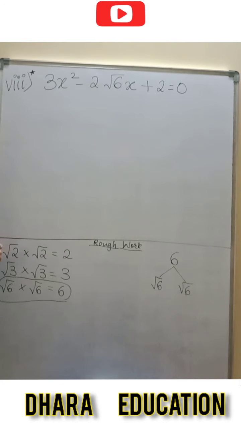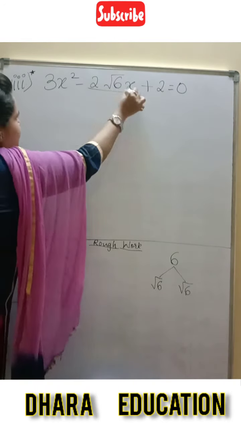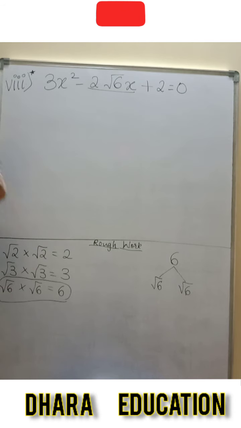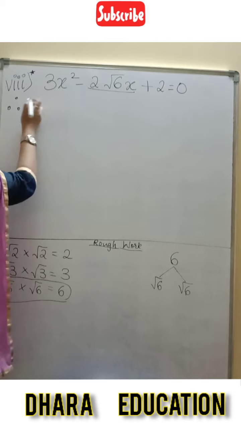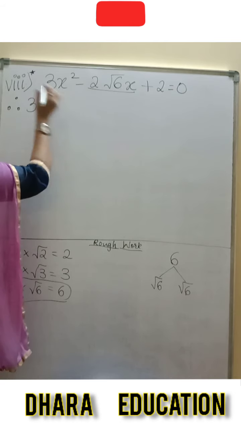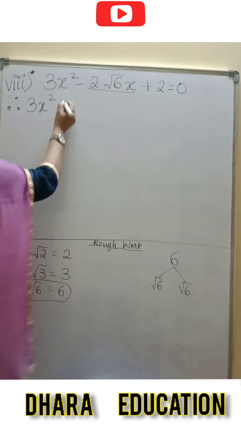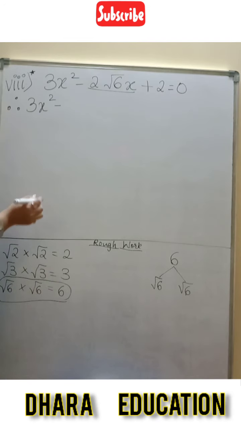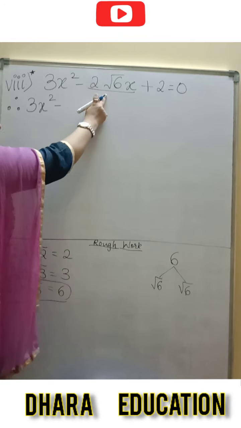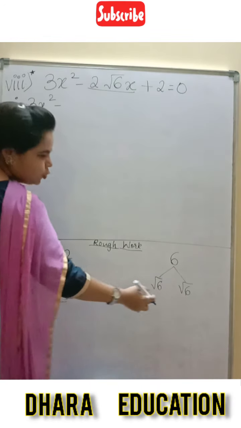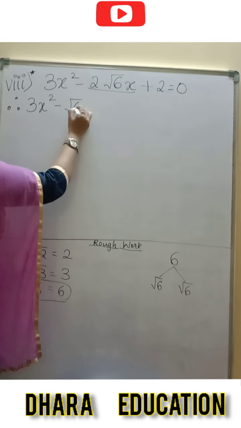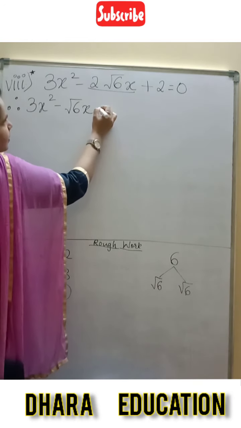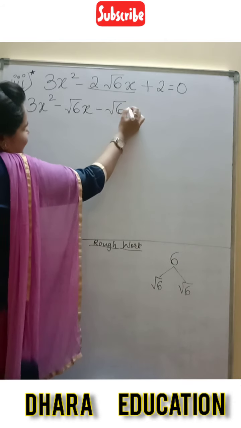So keeping in mind the split of this middle term, we have to act in a different way this time. 3x square as it is we have to write. Then a minus sign. Another thing, the middle term which we have split over root 6 and root 6, we have to take as root 6x minus root 6x.